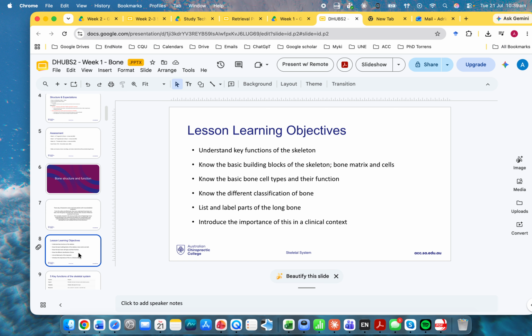Then that guides you into what content is contained within the lesson that relates to the learning objective, which then guides you in regards to the sort of questions that you should be asking yourself in regards to retrieval practices. For example, the use of the Anki card system. All right, I'll leave it there.